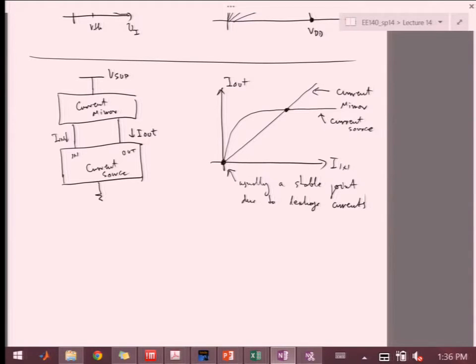But because of the leakage currents, it will still provide a low loop gain, and as we will see later when we analyze feedback, the positive feedback loop gain is less than 1, so it will actually stay in this point, nicely stabilized, which is what you don't want. You want to be in this point over here because that is where all the currents are non-zero.